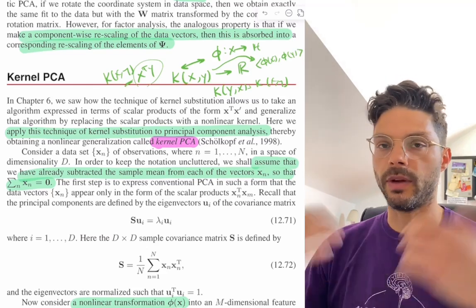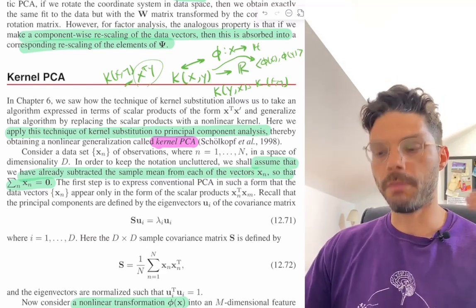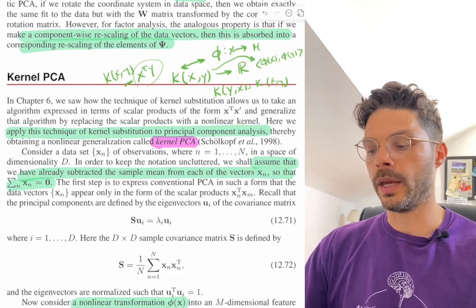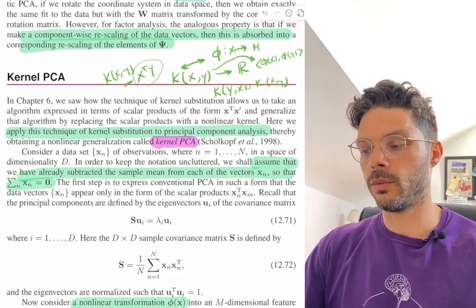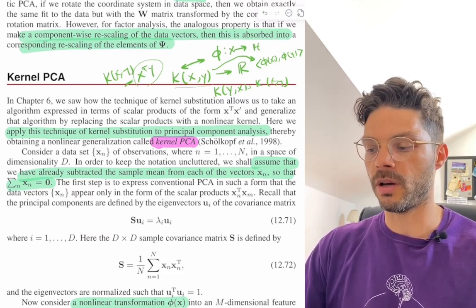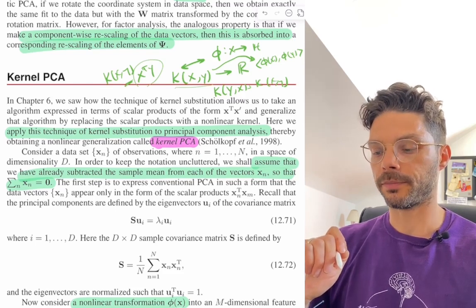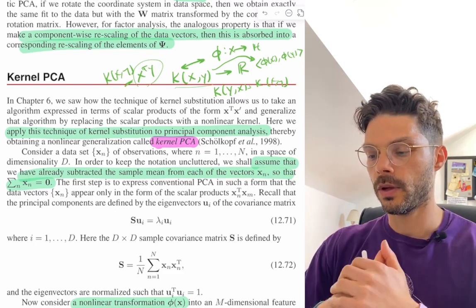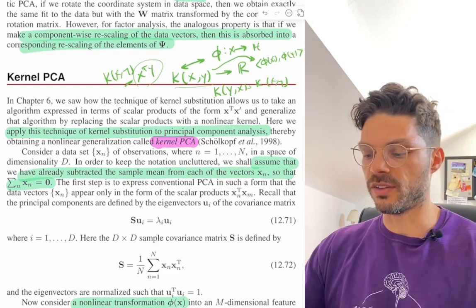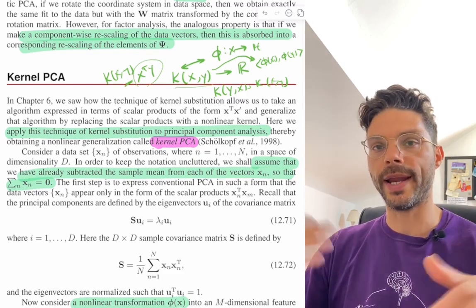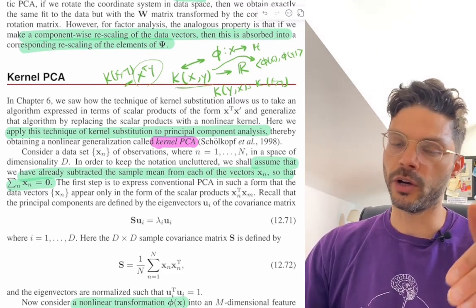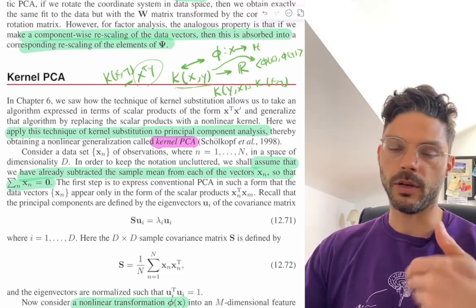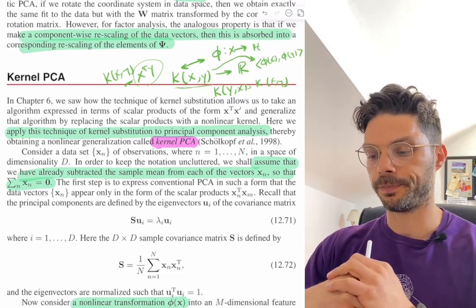These features can be very high dimensional, even infinite dimensional, but in all these algorithms you won't have to work with the features. You can do things in terms of the kernel itself. That's a huge advantage. Kernelization is all about rewriting these algorithms in a way that only deals with the kernels, not the features. And that's what we're going to be doing here.